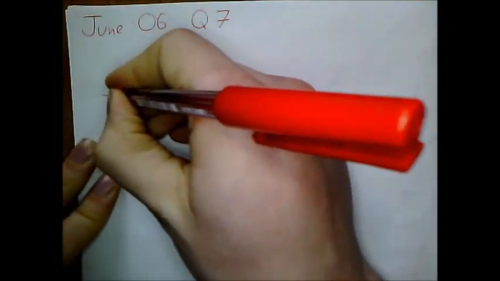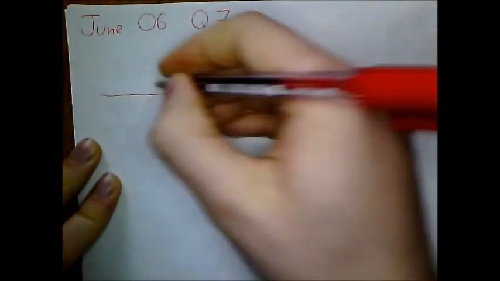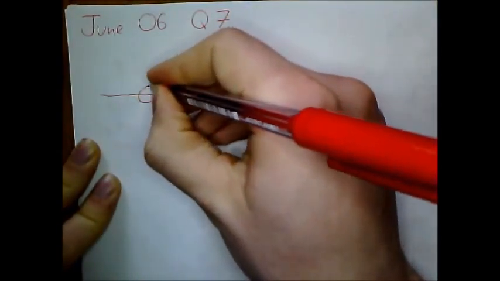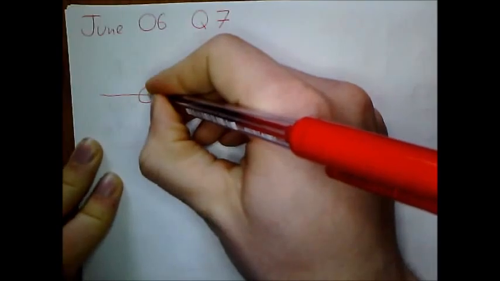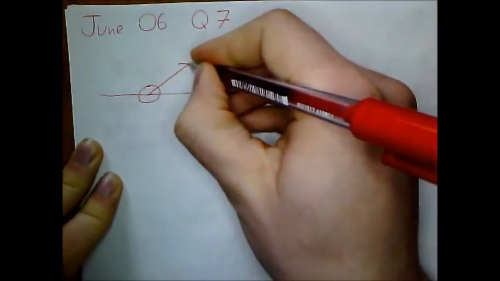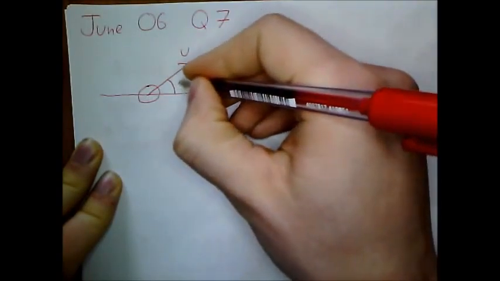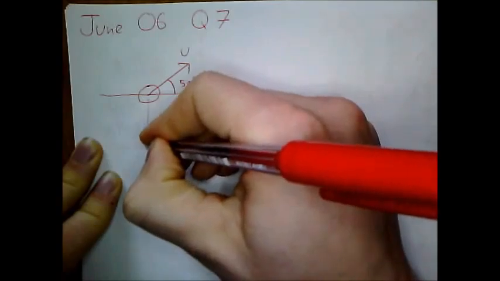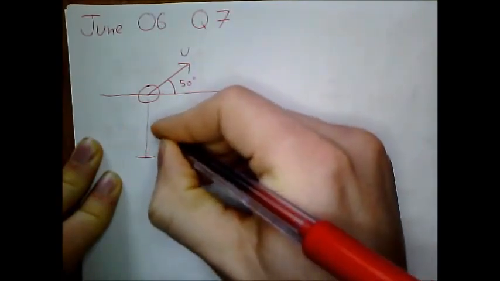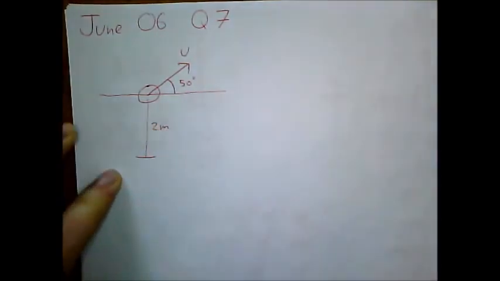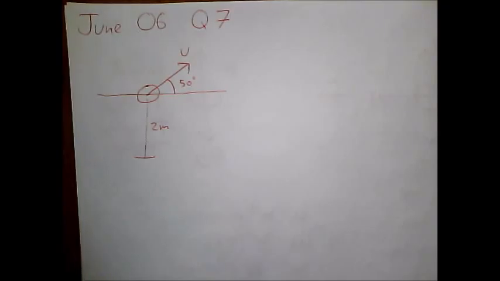So, here's our datum position, and our ball from here is projected at a speed that we don't know, at an angle from the horizontal of 50 degrees. This is 2 meters above ground level.